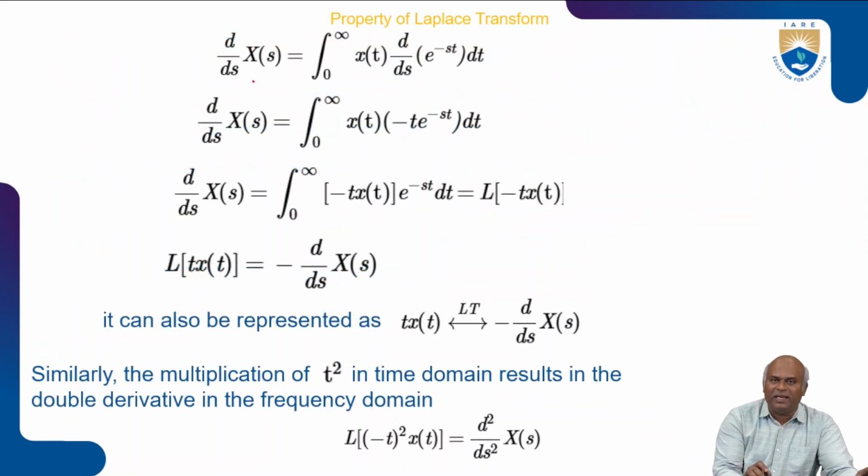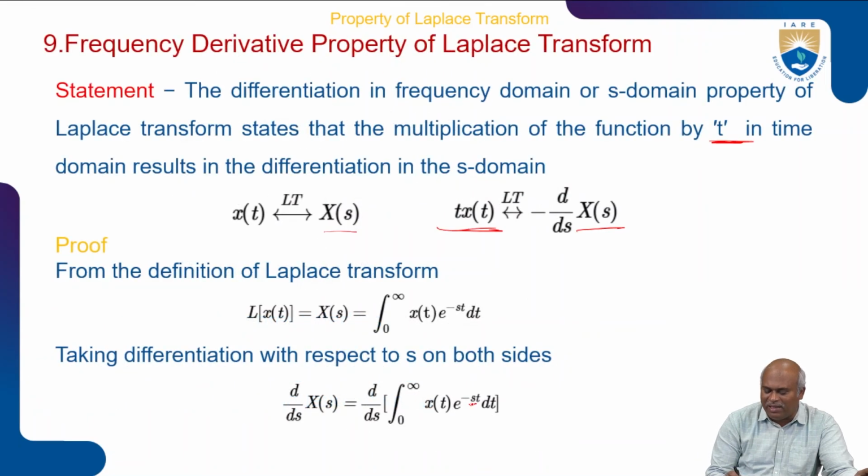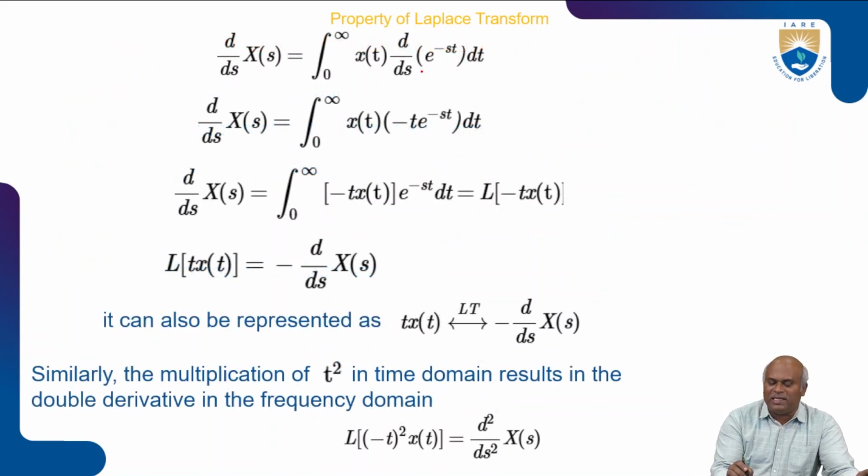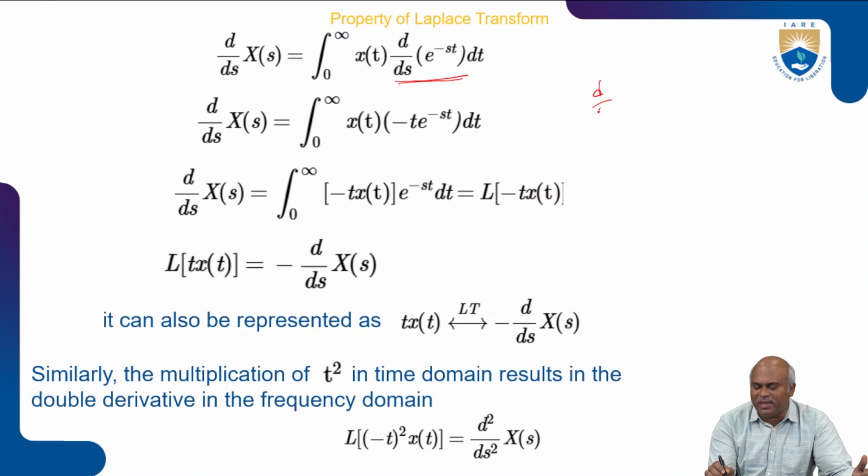Here, only e power minus st has s present in it, so we differentiate only that term. If we differentiate e power minus st with respect to s, d by ds e power minus st is equal to minus t e power minus st.